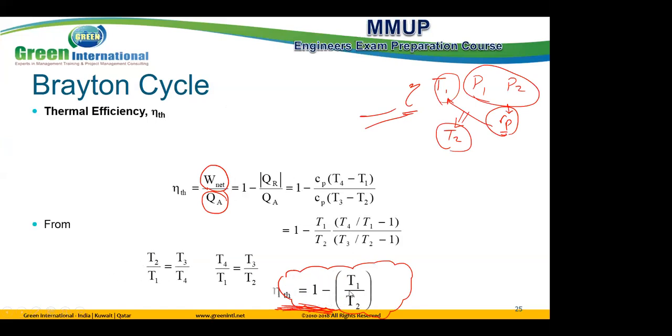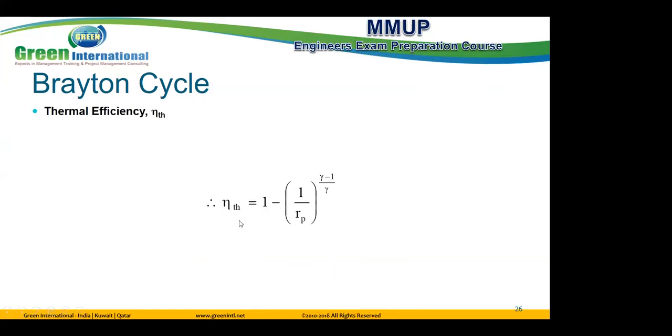So efficiency, we can write as another direct form for the pressure ratio: 1 minus 1 over RB to the power gamma minus 1 over gamma. This is another way, equivalent to this one. So without any more calculation or headache, if you know the two pressures, you can calculate efficiency for the Brayton cycle. Two temperatures, or one temperature and pressure, you can calculate efficiency.